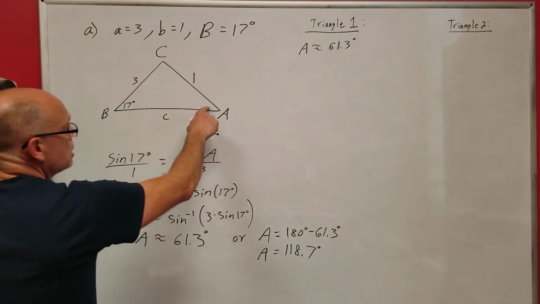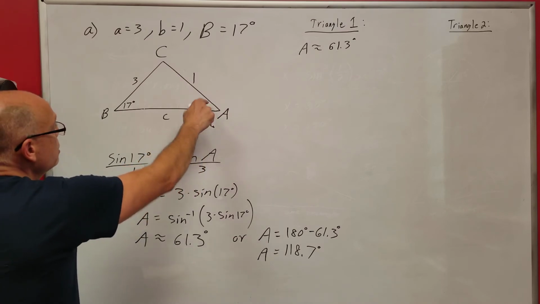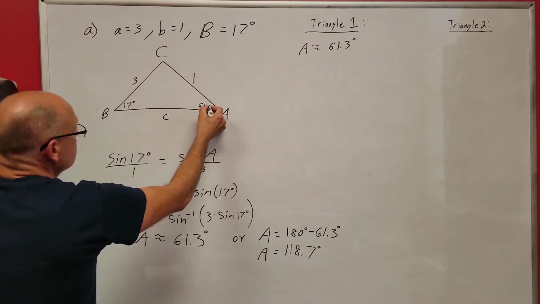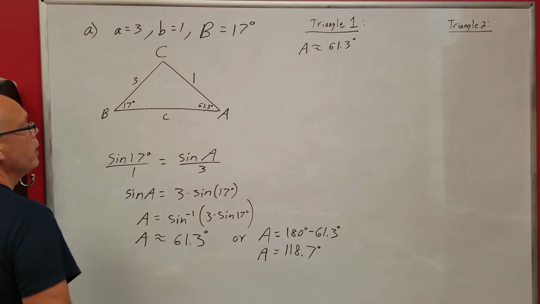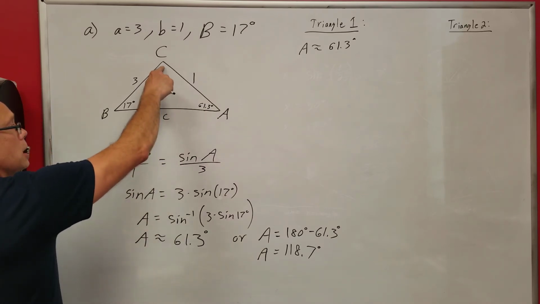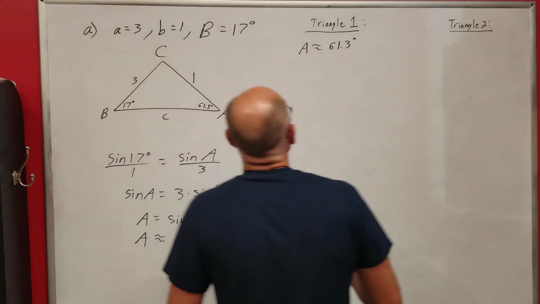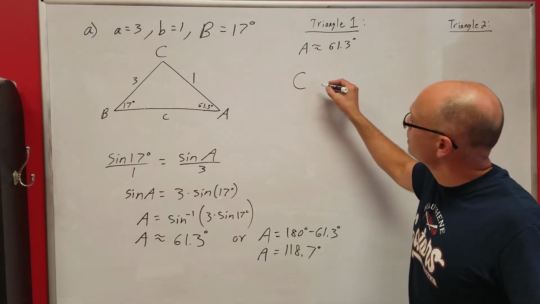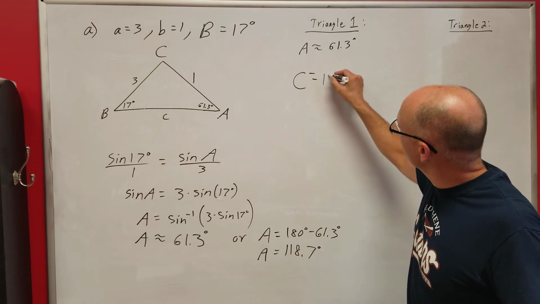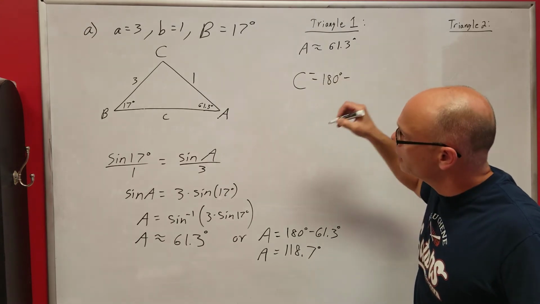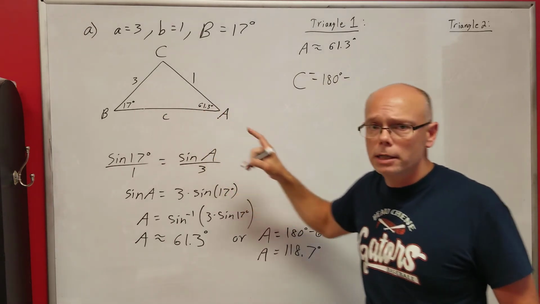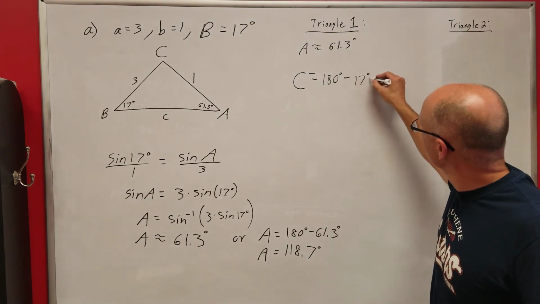So if this is 61.3 degrees, I need to find what next? C, and then lowercase c. So how do I find capital C? I say that's 180 total degrees in a triangle minus 17 degrees minus 61.3 degrees.